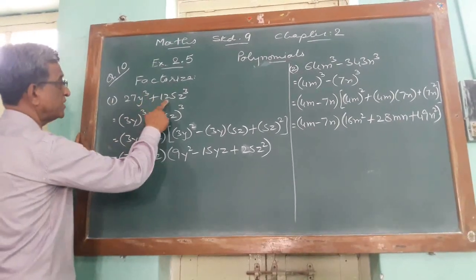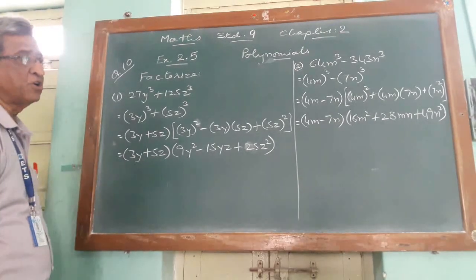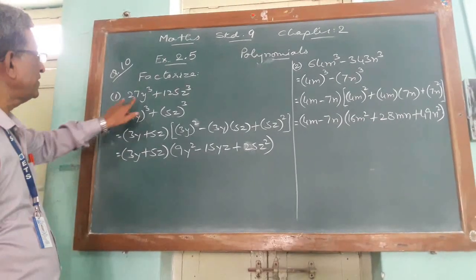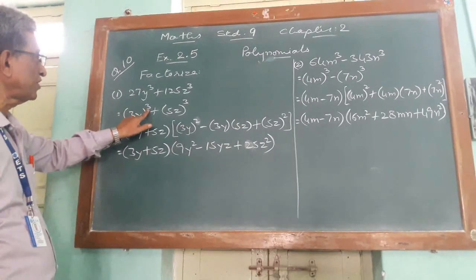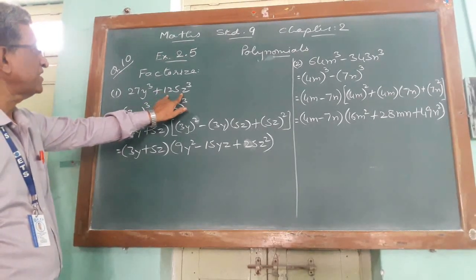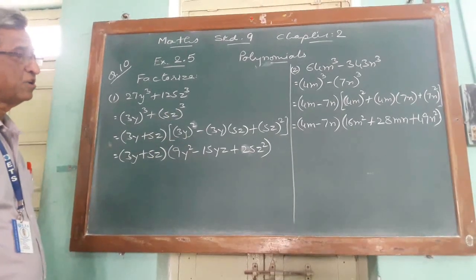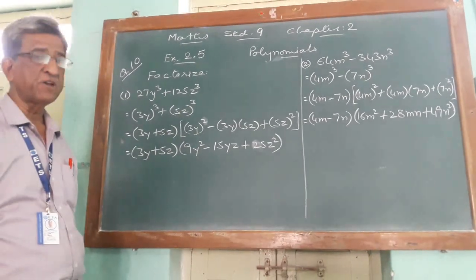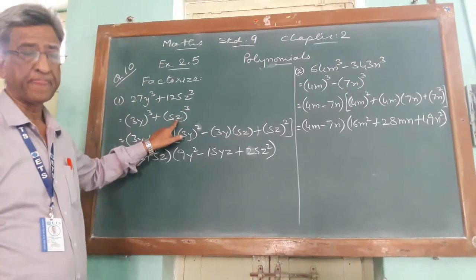27y cube plus 125z cube. They both are cubes. 27y cube can be written as 3y whole raised to 3, and 125z cube can be written as 5z whole cube. Now you can use that formula of question 9, a cube plus b cube.